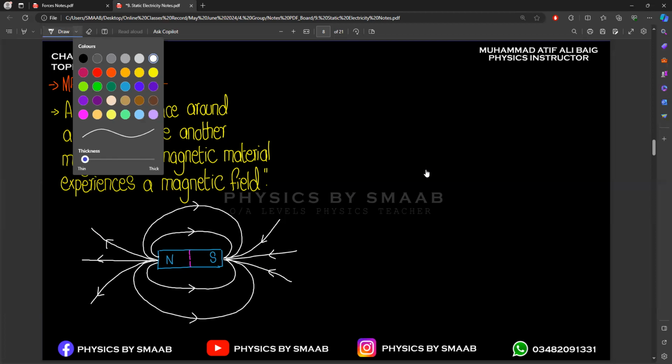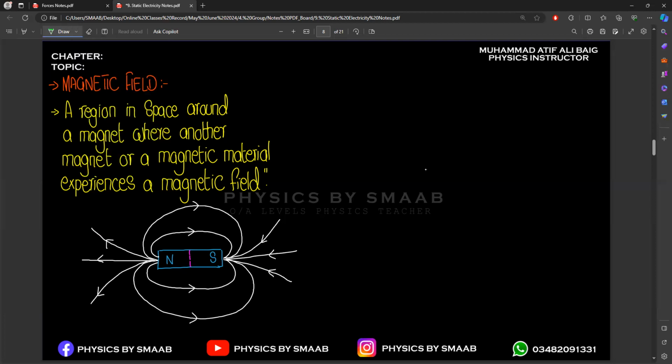So I will mention again the important points in the diagram: this increasing gap shows a decrease in magnetic field.